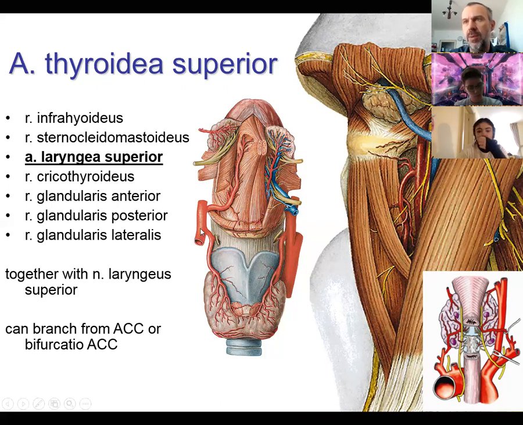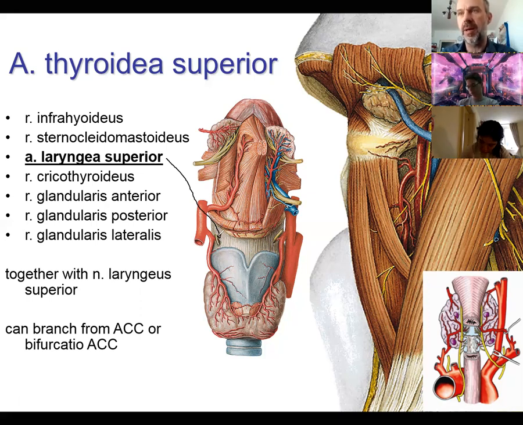It gives some branches on the way. You can nicely see here the superior laryngeal artery, which enters the larynx together with the superior laryngeal nerve, the internal branch here.